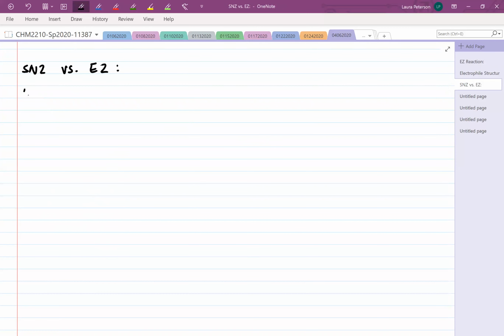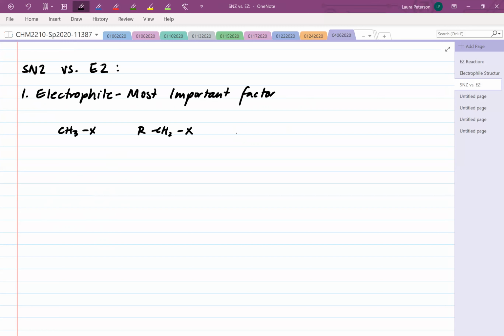Okay, so the most important factor for SN2 versus E2 is going to be the electrophile again, just like it was between SN2 and SN1. So methyl halide, primary halide, secondary halide, tertiary halide.